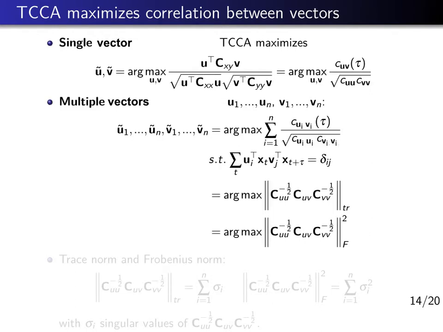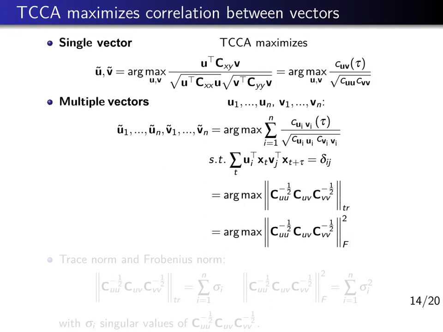Now for multidimensional latent spaces, we have multiple vectors u and v, and we can generalize that concept. We still can show that canonical correlation analysis maximizes the correlation between these vectors, but we have to use a more general concept of correlation. And we do that by maximizing the sum over all pairs of u and v vectors.